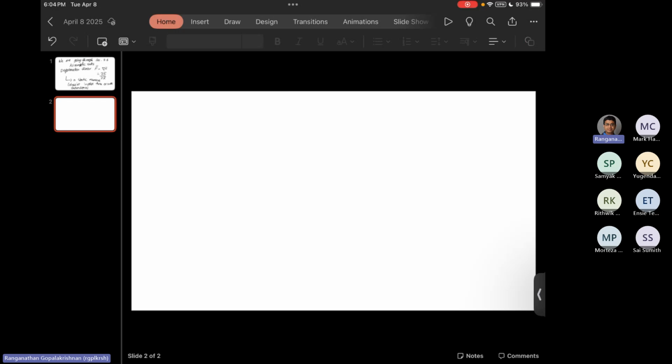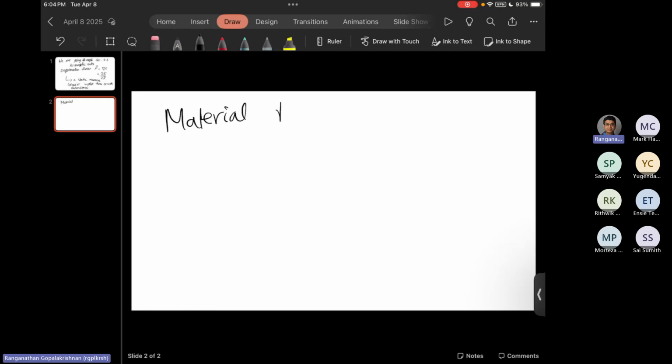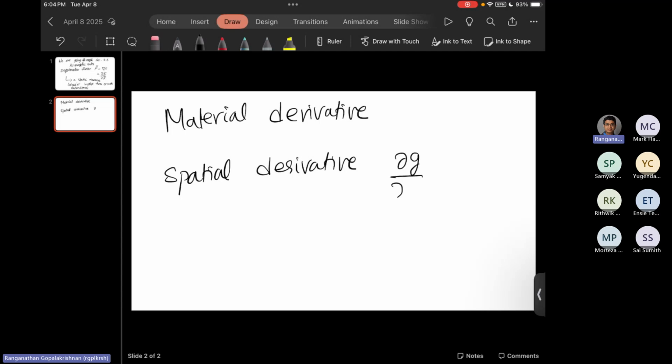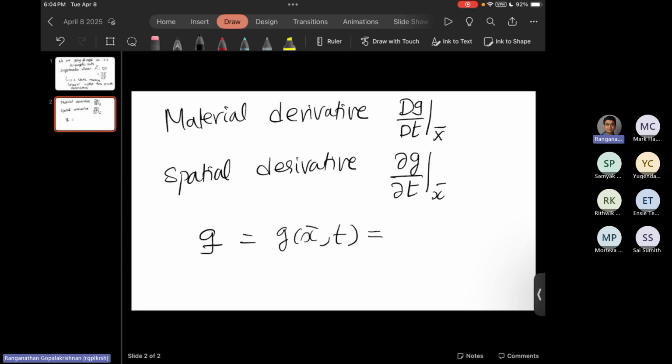So to recap, we have seen what are called the material derivative and the spatial derivative. So this is partial g over partial t at a given x, and this is dg over dt for a given particle. This is what we saw a couple of lectures ago, where g is any quantity which has a spatial representation and a particle or material representation.